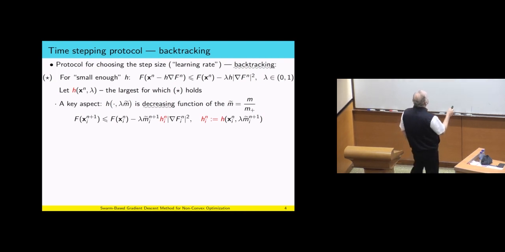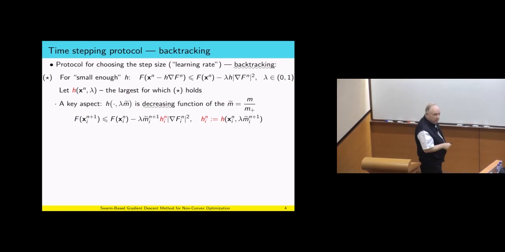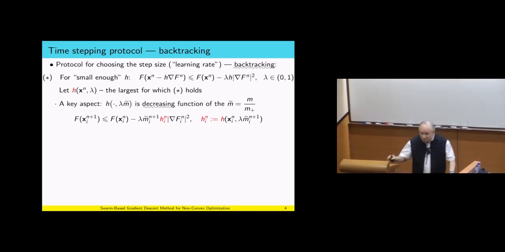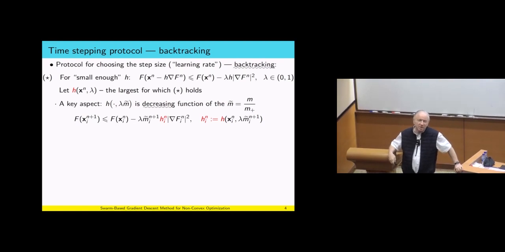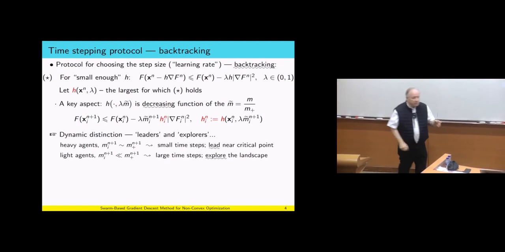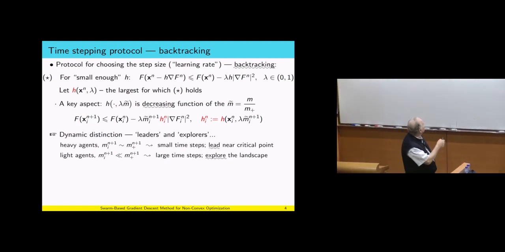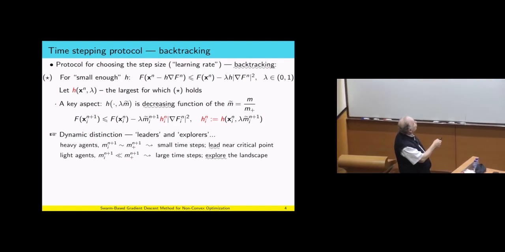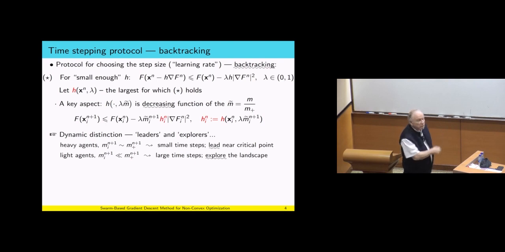So what I will do is I will take, instead of h of lambda, I will take h of lambda times my relative mass. That's it. That's the rule. Your step depends on the mass. Now let's see the consequences. The consequence is that there is a dynamic distinction between the heavy agents and the light agents. The heavy agents, those whose mass is almost the maximal mass, which is denoted here by plus, will take smaller time steps.